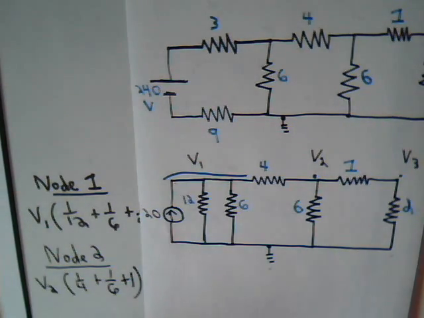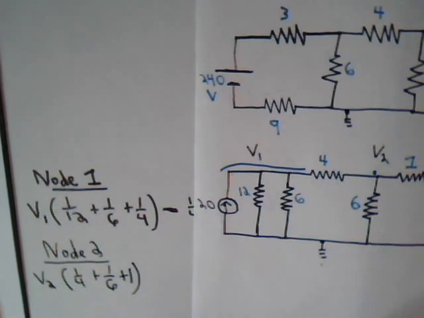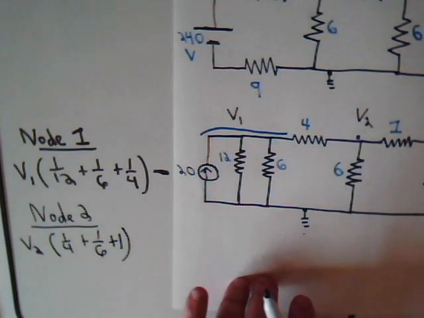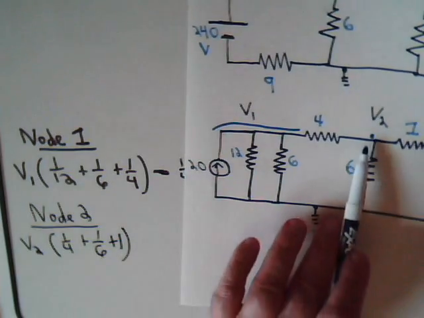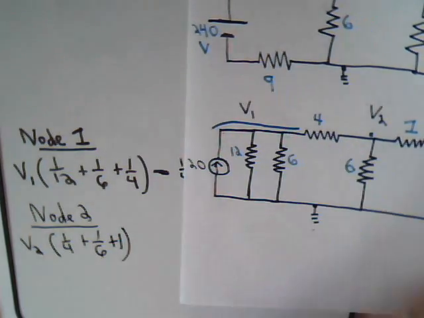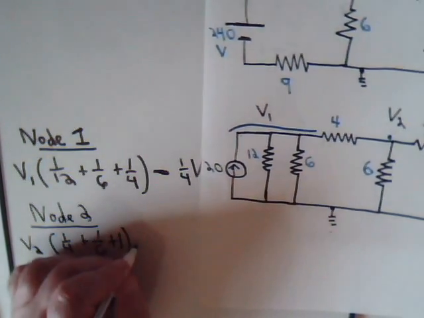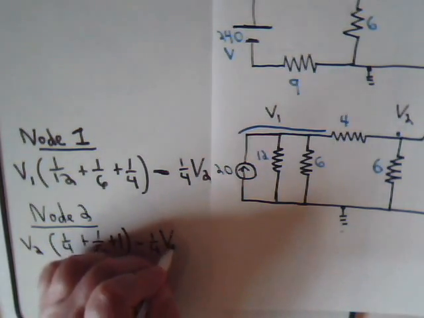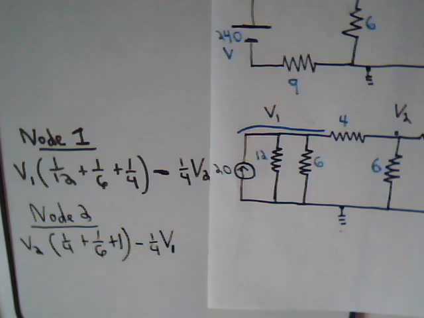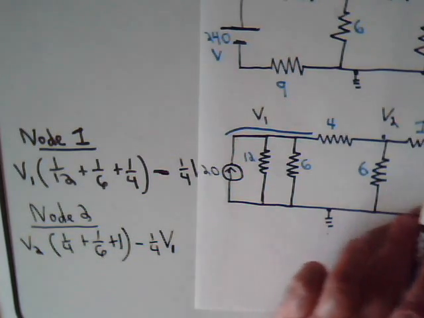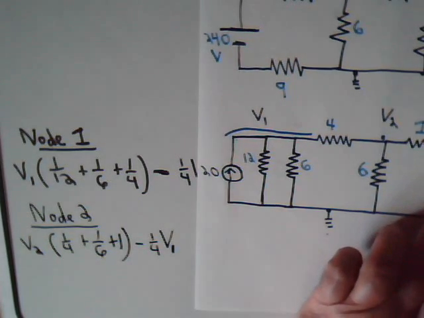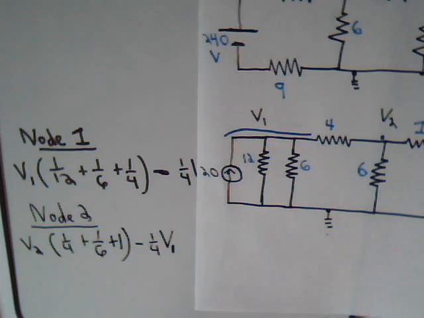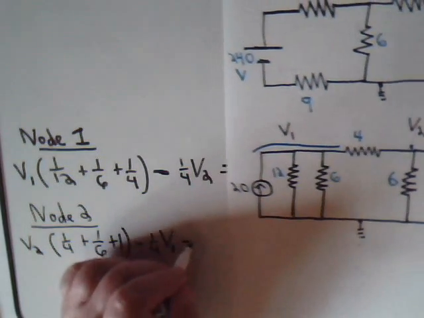And then here, for this resistor, this end of it is at potential V1, so we have minus 1/4 times V1, and for this resistor, this end of it is at potential V3, so we have minus 1 times V3.